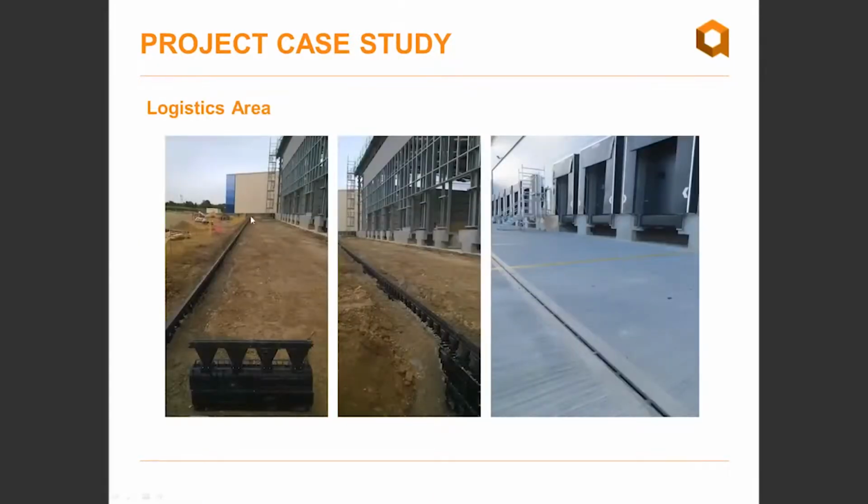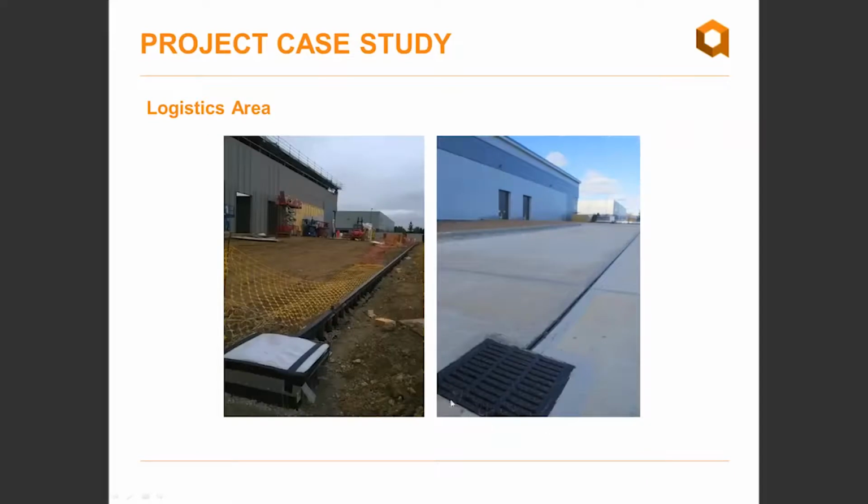And here you see the high cap system mid-installation. There's the unit that was installed, and the finished installation, very neat and very durable. Here you see the modular catch basin, mid-installation and then finished installation.